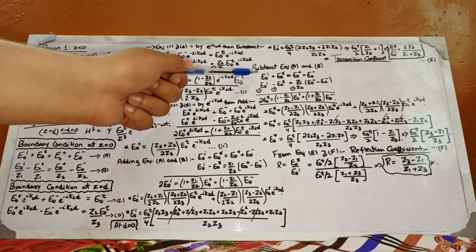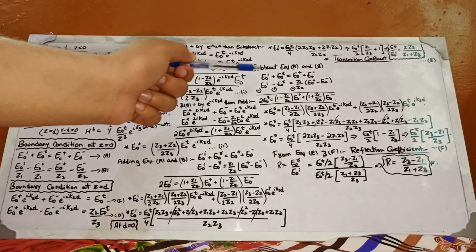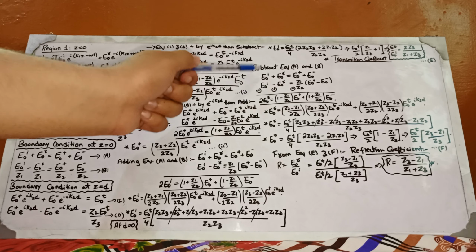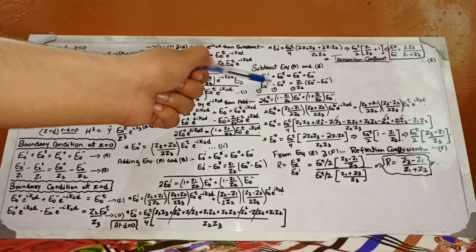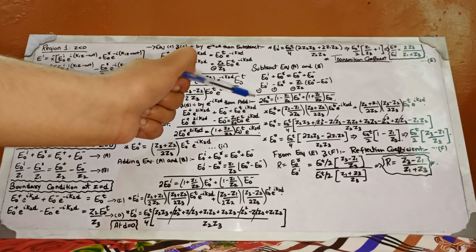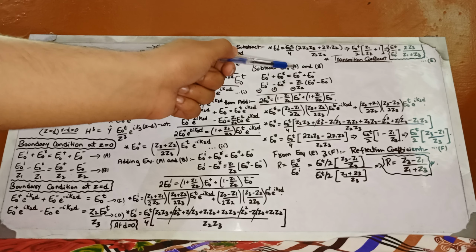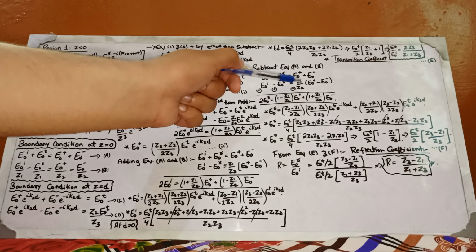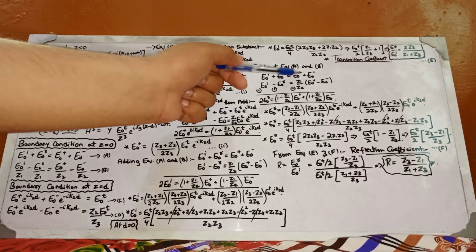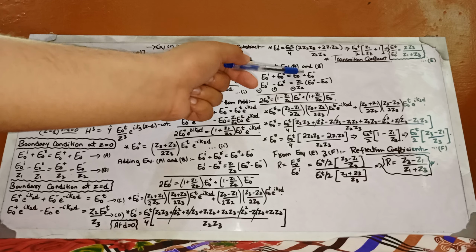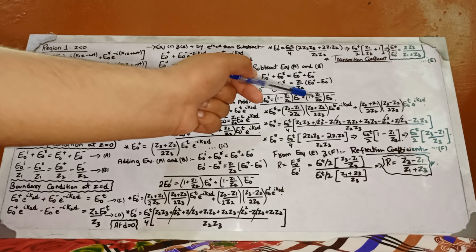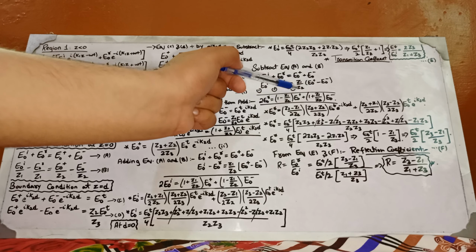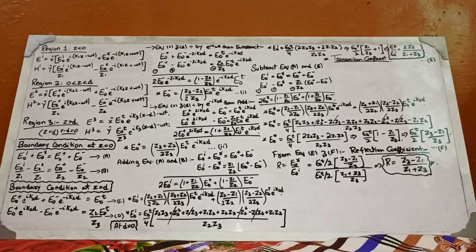Now you can see by subtracting, the sign changes, E naught I cancels with E naught I, you will only be left with E naught R plus E naught R becomes 2 E naught R, whereas taking E naught plus common, you will get 1 minus Z1 by Z2, and again taking E naught minus common, this minus minus becomes plus, so 1 plus Z1 by Z2.